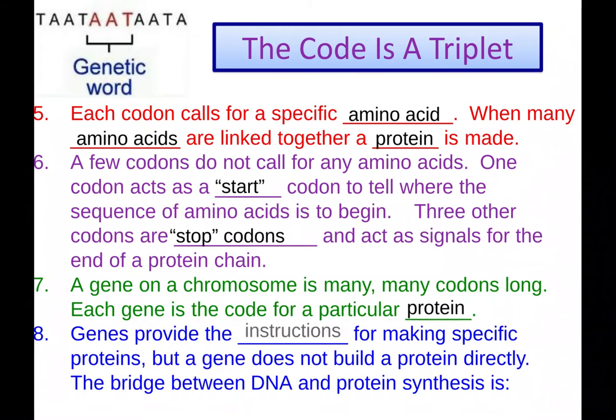Each set of three is going to code for that amino acid, but specific sets of three are going to code for things like start. Where do we start reading this information? And some might code for stop reading here.